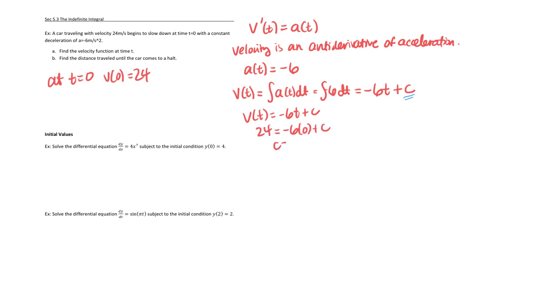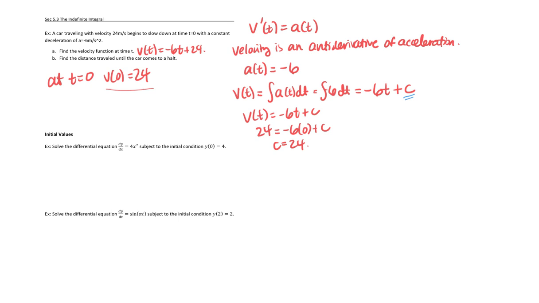That tells me that c equals 24. So in fact, I have a precise value for that constant because I knew that my initial velocity was 24. So my velocity function is going to be v of t equals -6t plus 24.